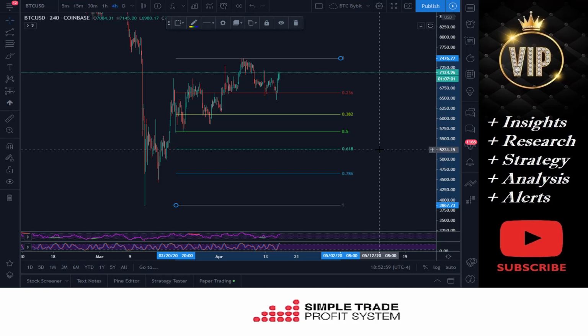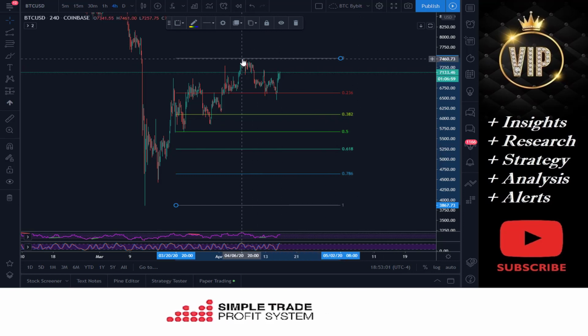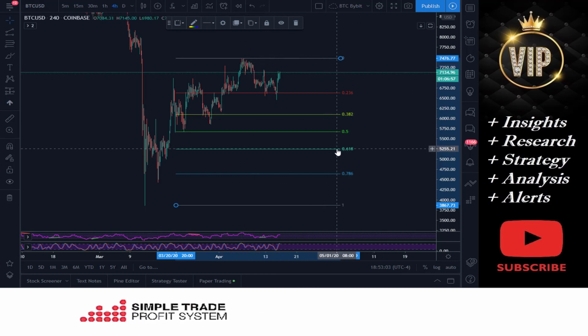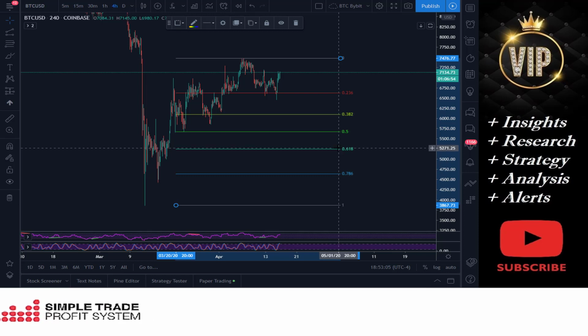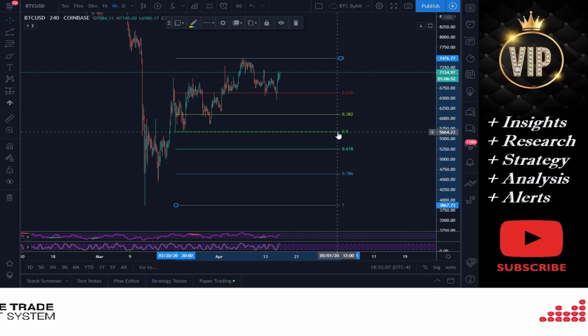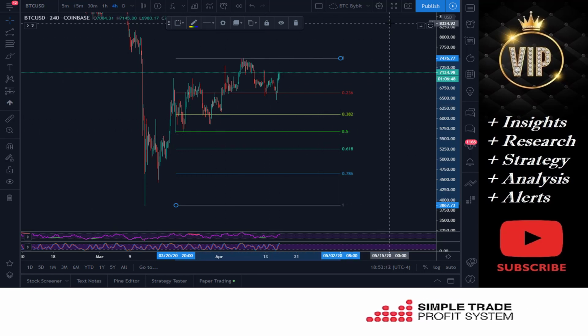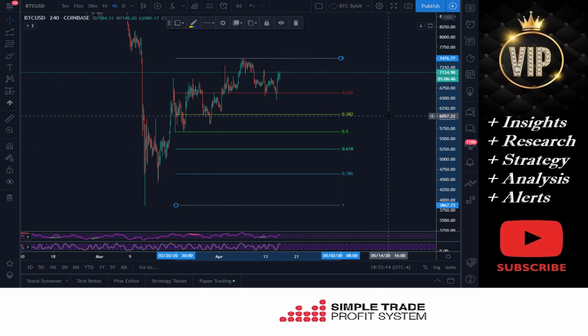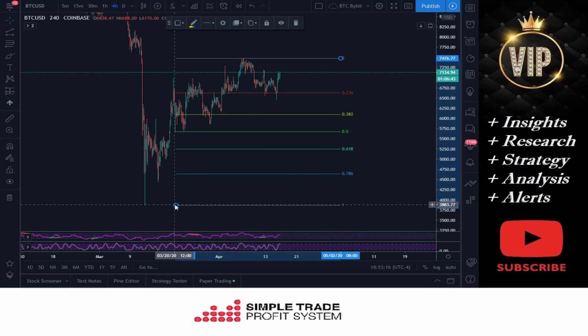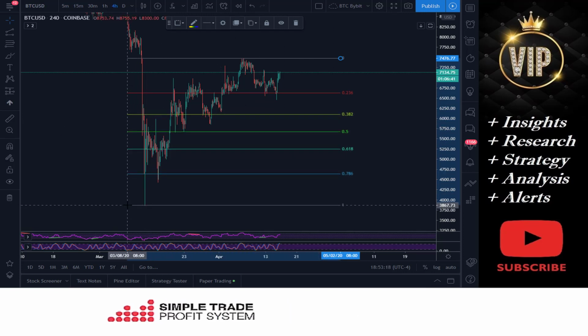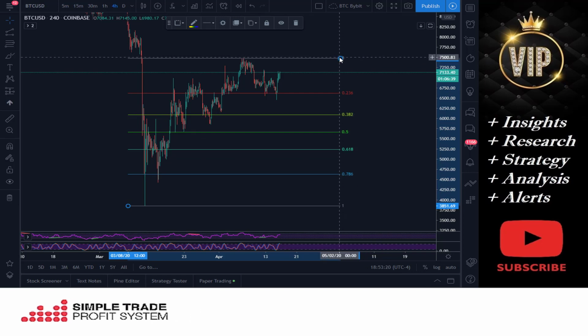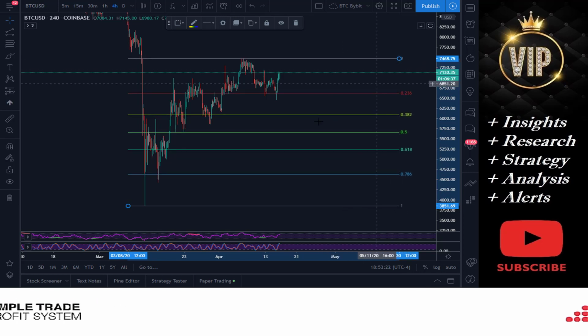So that's why some people, if they think that this is a high and we start to continue down, think we could come back down to the 5,300 range or even 5,600, because it could come up and retrace back down before continuing higher. It's a possibility. We can see how prices reacted to these lines just over the past month or so, from that low to that high.